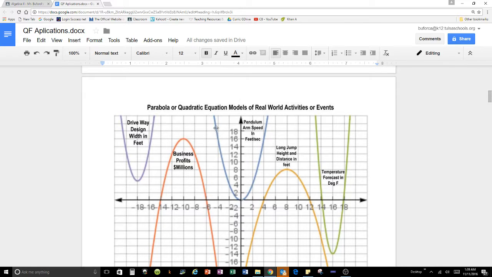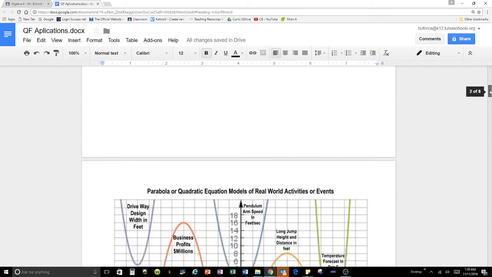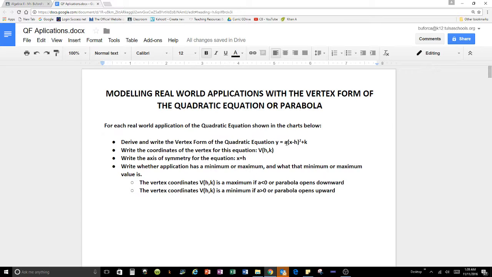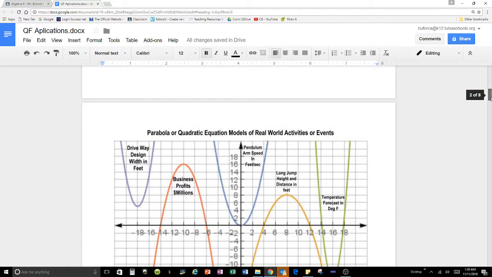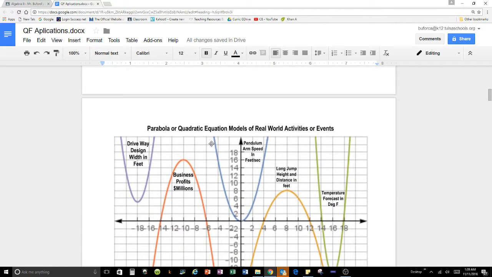Conversely, when the parabola opens upward, and that's if you have a positive a, so if a here is positive, like +1, +5, +10, then you know that you will always have a minimum at the vertex.